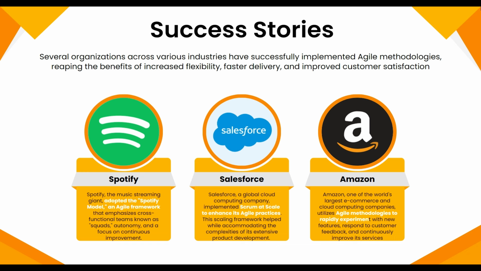In every iteration they are doing something, and we see those changes in Spotify, Salesforce, Amazon, or any of these organizations because they are responding to customer feedback in a very short span of time. These three are on the list of those using Agile to its core and using all the benefits project management can serve.